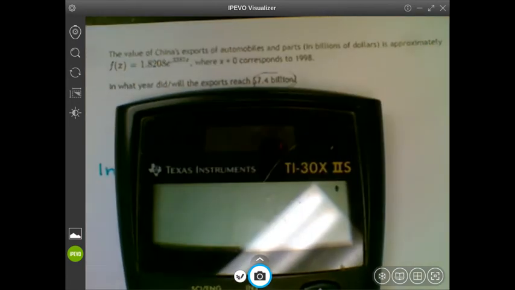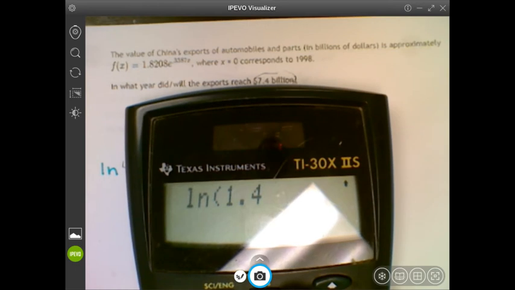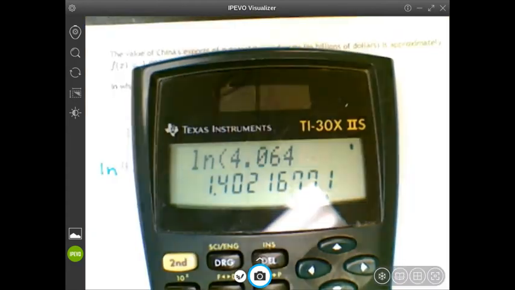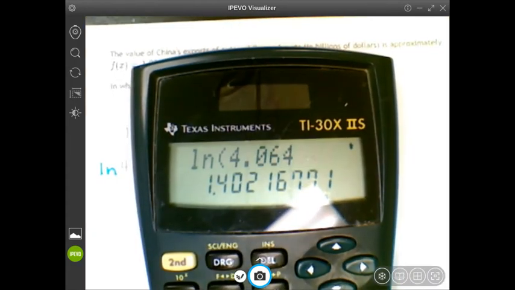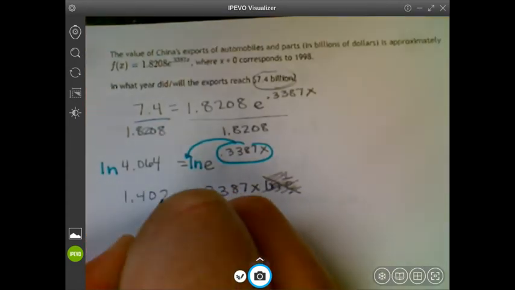In your calculator, you're going to calculate the ln of 4.046, and you're going to have 1.402 approximately. So we'll say 1.402.